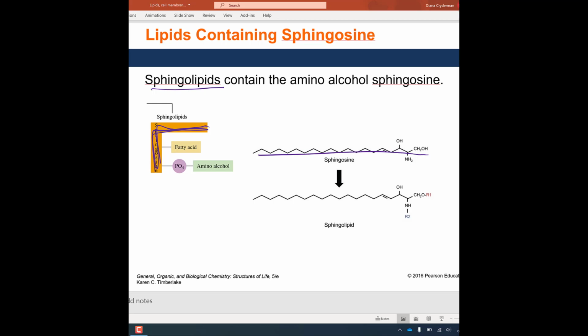The sphingolipid shows how a fatty acid could be coming off here, and then maybe some sort of nitrogen or amino group coming off in other directions. Sphingosine is typically something with 18 carbons in it, and then we see more of an ether instead of an ester.